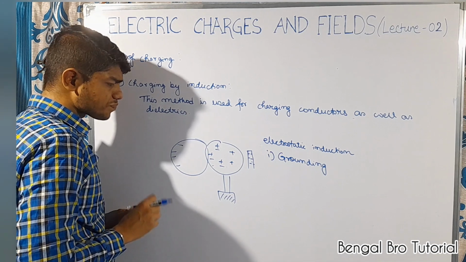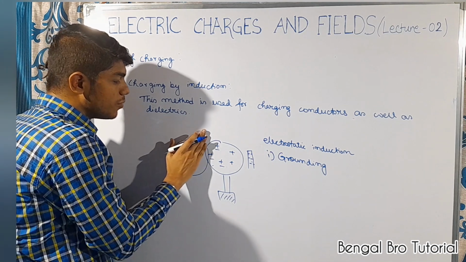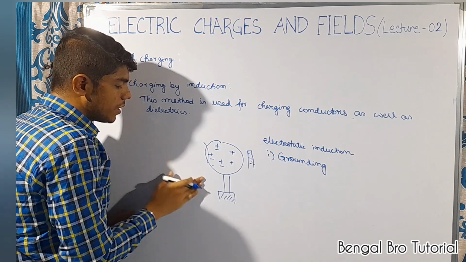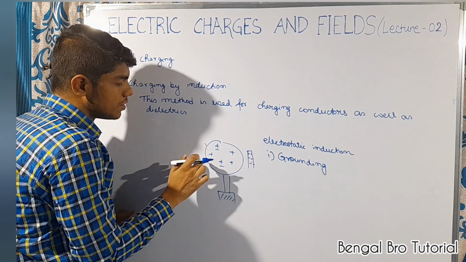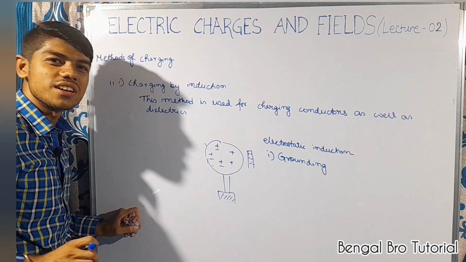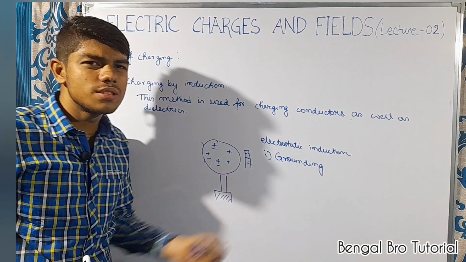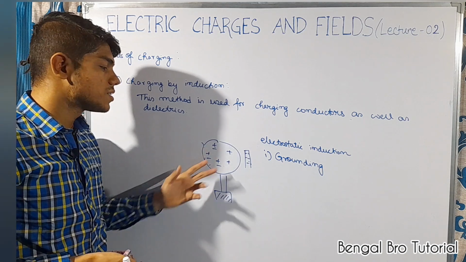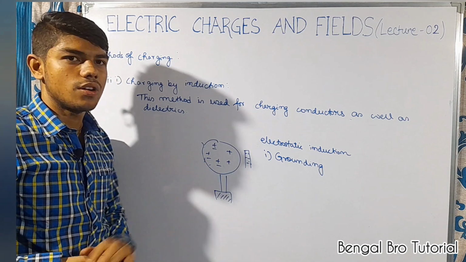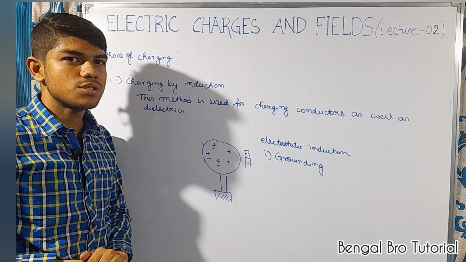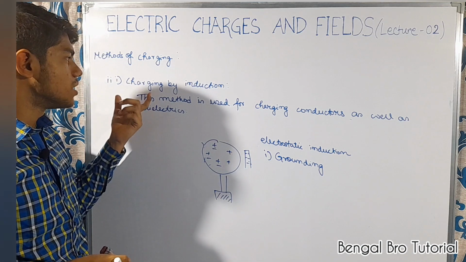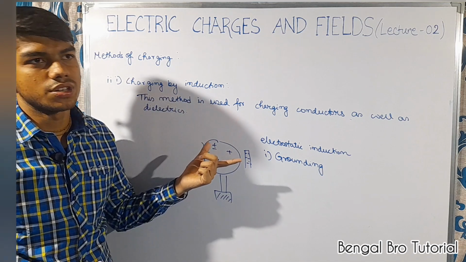So after that, if we remove this body or break the contact, then what will happen? This body will become positively charged. Almost similar to grounding only, but in this case we are just bringing this body in contact with another conducting body. Understood? So this is all about the method called charging by induction.